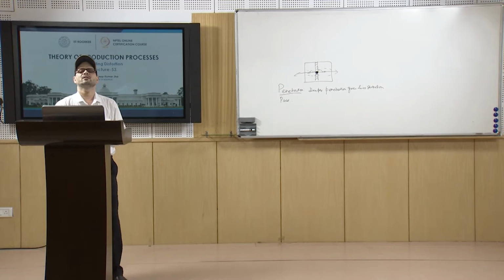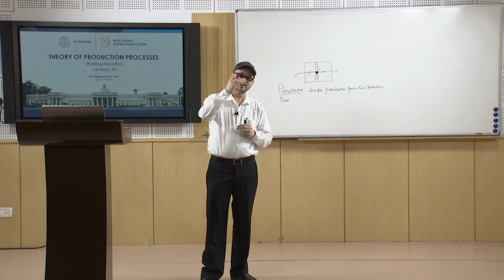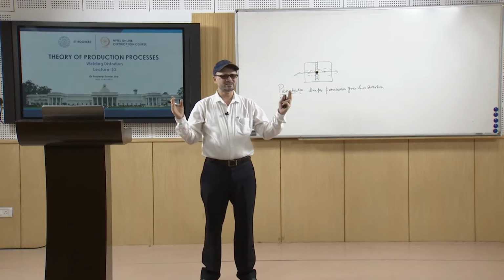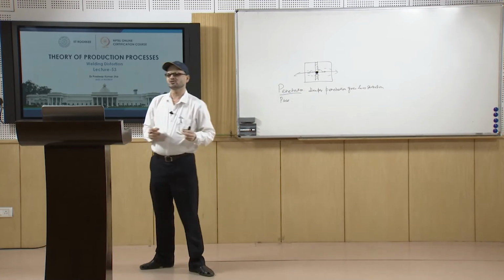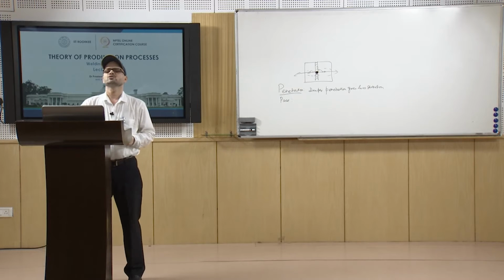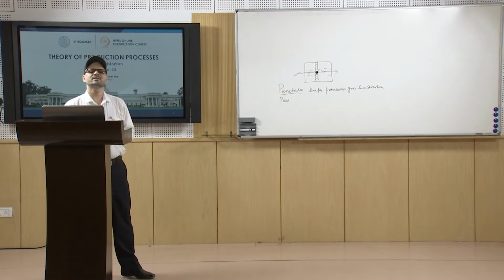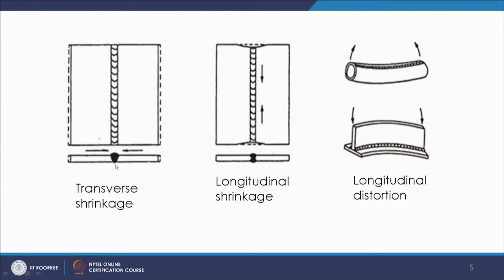Now, coming to the transverse shrinkage. As we discussed, when the shrinkage is in the direction of the welding, it is the longitudinal shrinkage, and when the shrinkage is in the transverse direction, it is transverse shrinkage. Because you have the solidified metal here, there will be shrinkage in this direction also. As you see here, this is the butt weld, and you have the shrinkage in this direction.